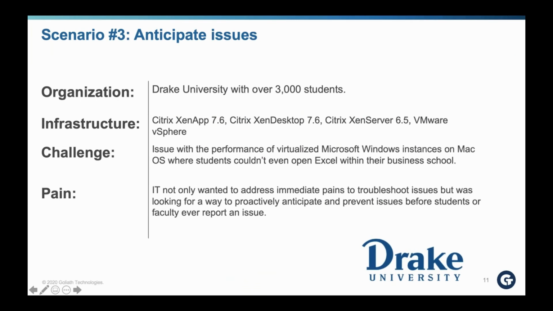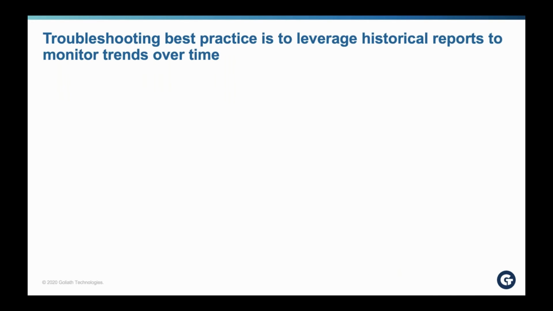So with that, we're going to jump back into the slideshow here, and we're going to talk a little bit about leveraging the historical reports and analytics, because in every one of these scenarios, obviously the detailed metrics are important to be able to troubleshoot, but you also need to be able to understand what's happening in your environment, and how you could prevent these issues from happening again in the future.